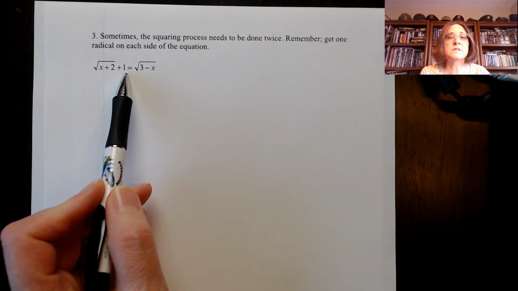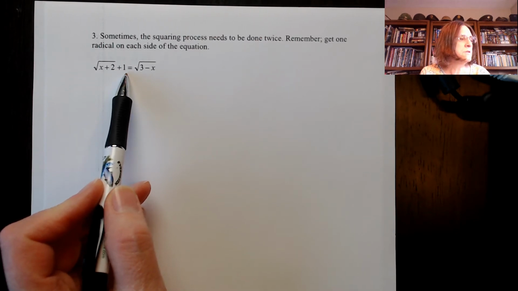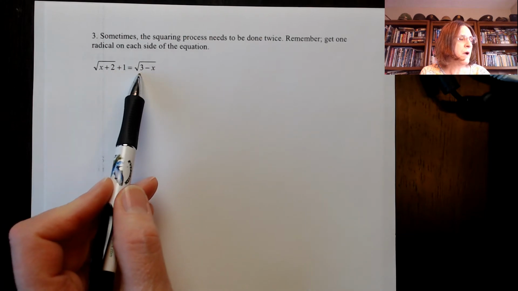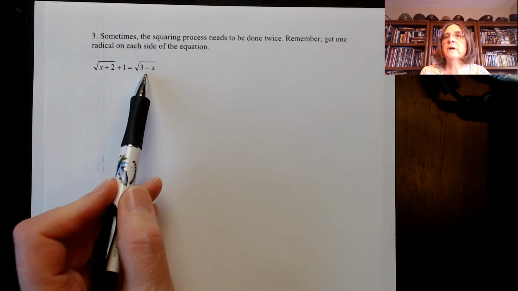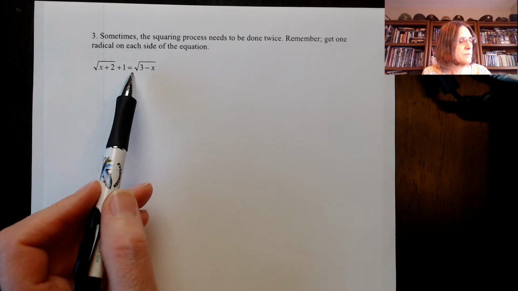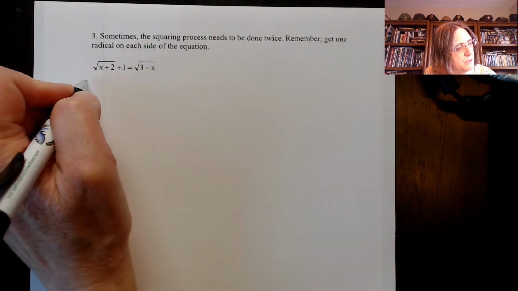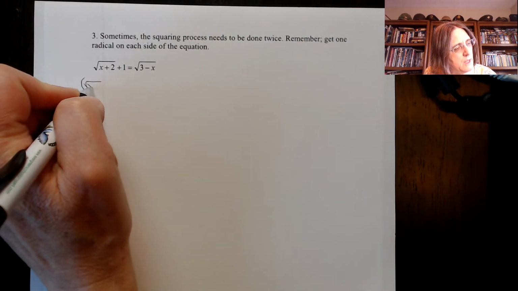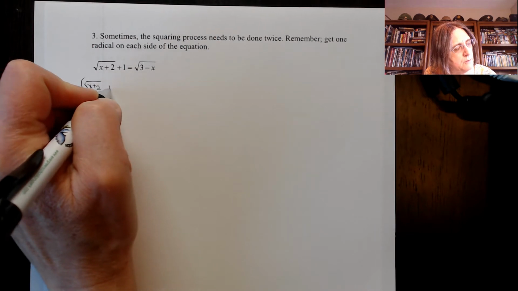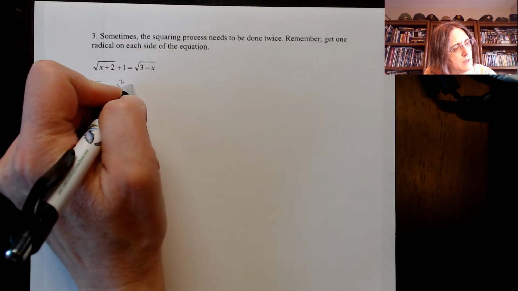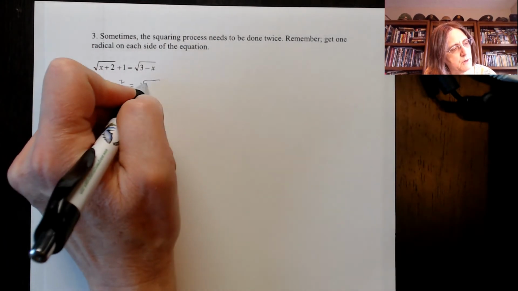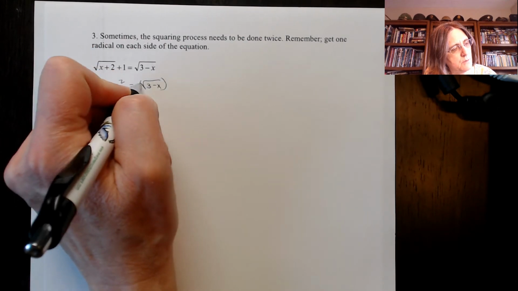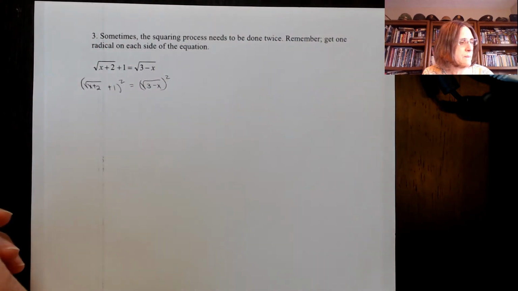Just like the previous example, we're going to start by getting rid of the radical by squaring both sides. So in this case, we are going to square the binomial, the square root of x plus 2 plus 1, and on the right side, the square root of 3 minus x quantity squared.